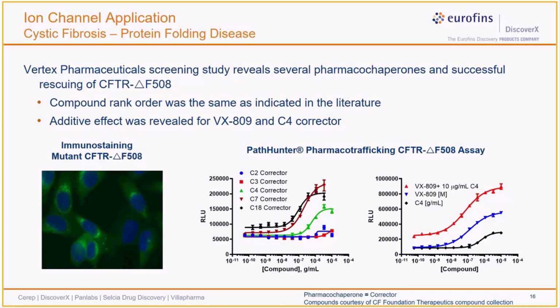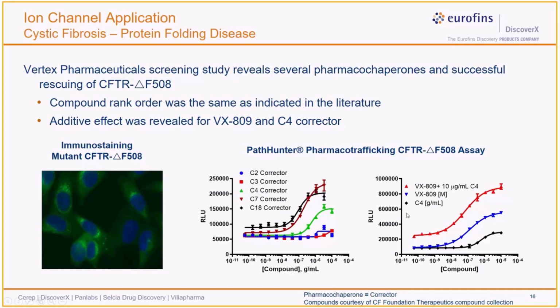Specifically 5 of them in the middle graph, where we profiled all of them, and you do see some level of rescuing or trafficking to the surface for all of them. And most importantly, the rank order was the same as indicated in the literature for all these specific correctors. So next, Vertex Pharmaceuticals developed compounds to rescue CFTR mutants, including this one called VX809, an experimental drug that is being tested in clinical trials.